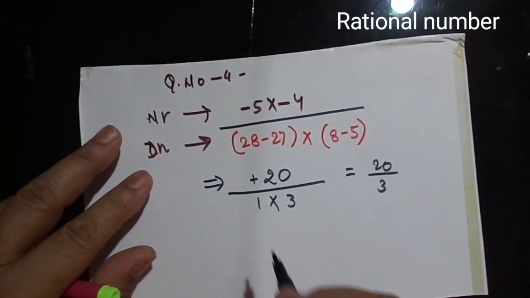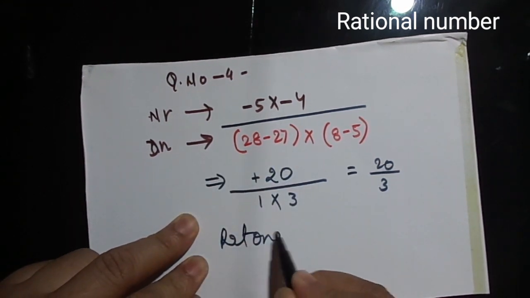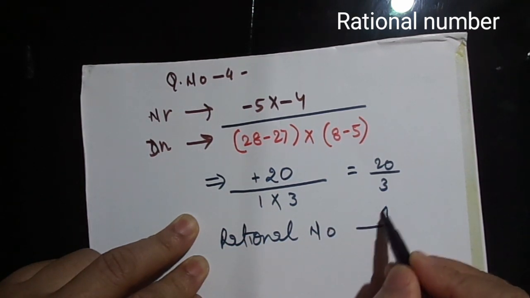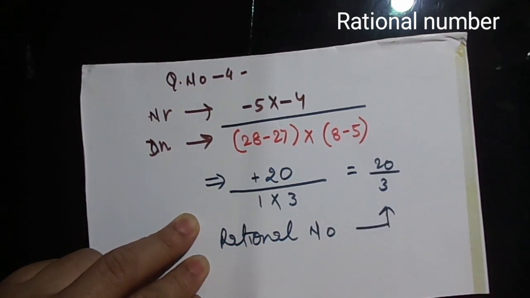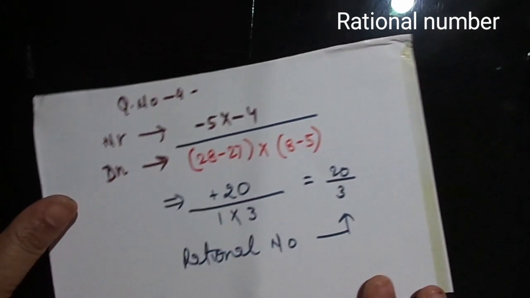So here we say the rational number is 20 by 3. I hope this is loud and clear.